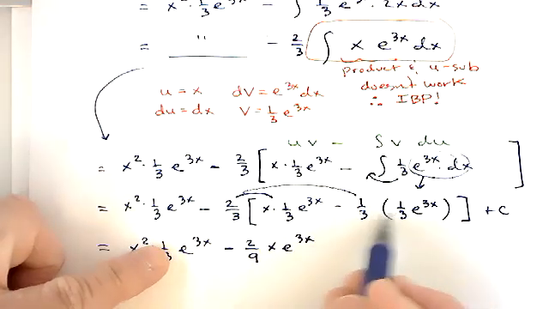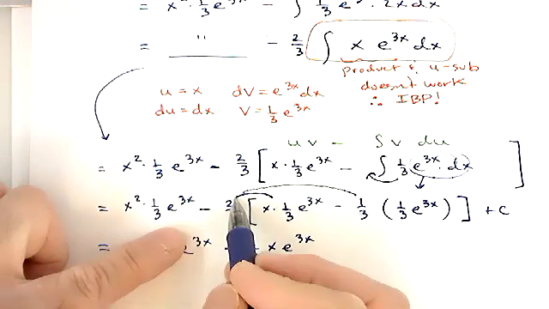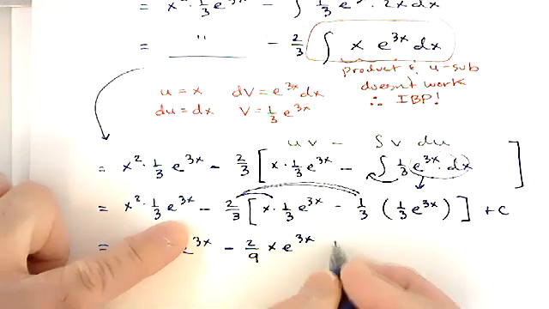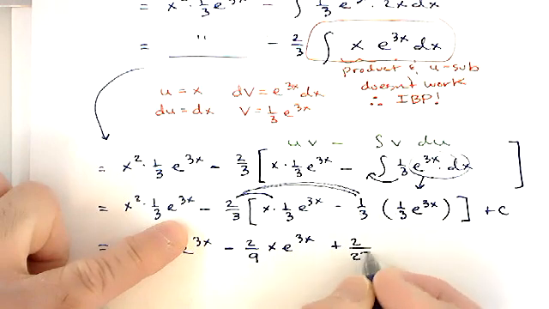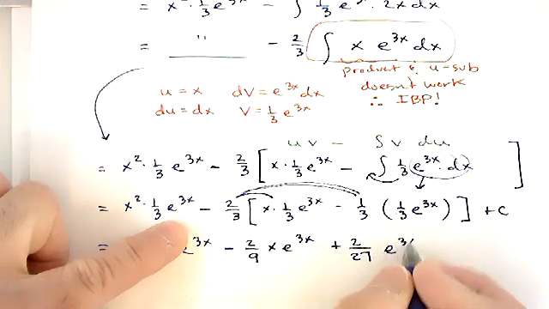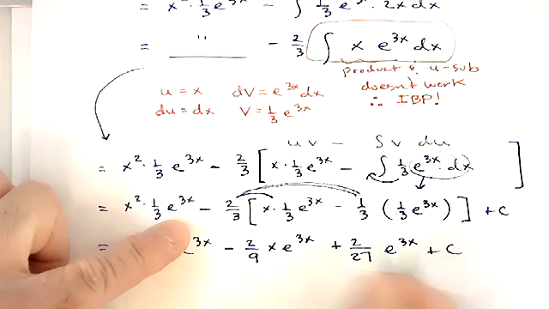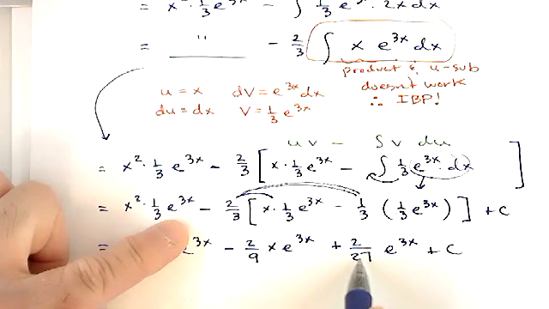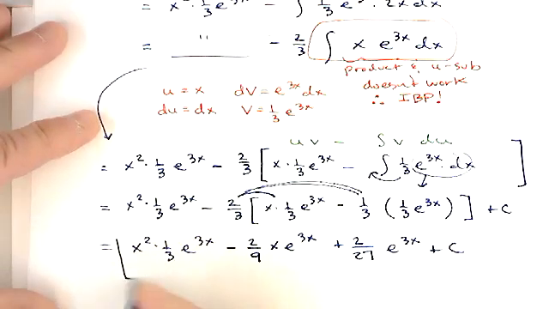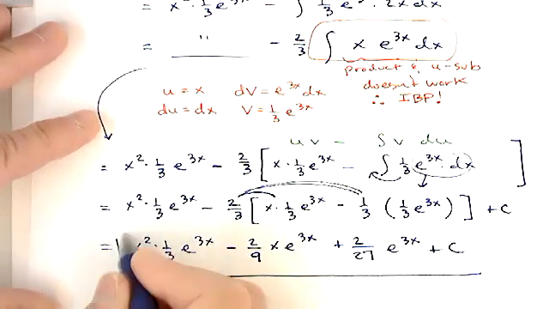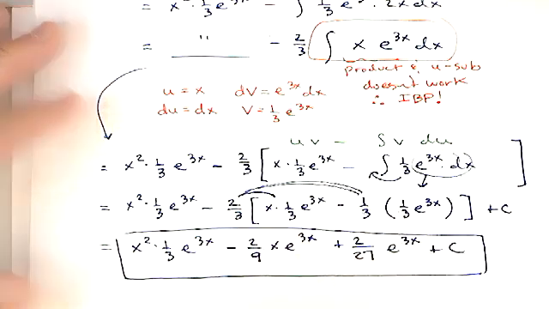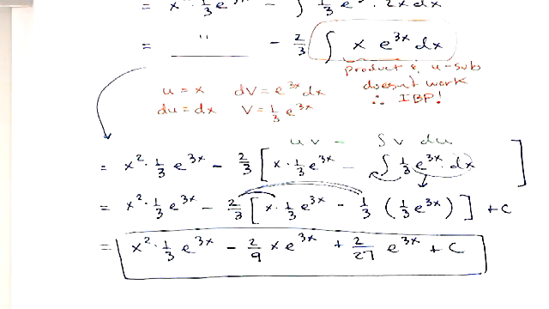This is negative 1/9, but if I multiply that by negative 2/3, I'm going to end up with positive 2/27. Negative 1/9 times negative 2/3 is positive 2/27. If you have a WebWork problem, it's probably going to be easier to plug it in like this than with all these parentheses and brackets. But either way, it should be fine.